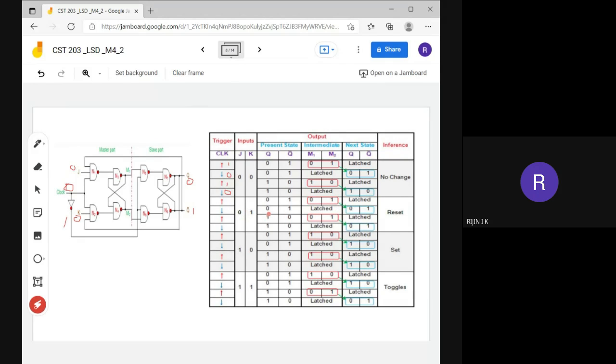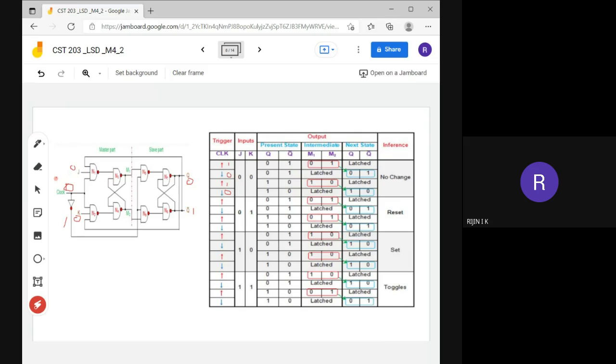We gave present state 0, next state 1, sorry, then Q bar 1, then present state 0 1, Q bar 0 we did not give; two conditions checked. Similarly, if J is equal to 1 and K is equal to 1, same operations. At a time only one part will be active, the other part will be in a memory state.